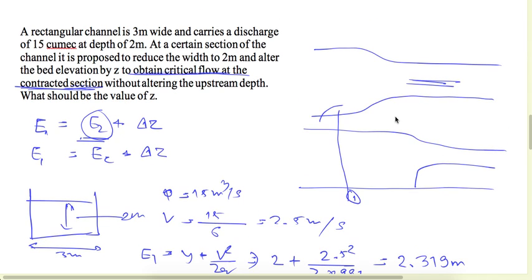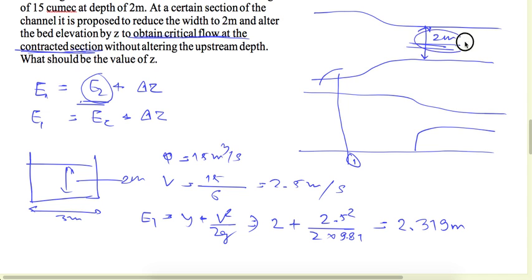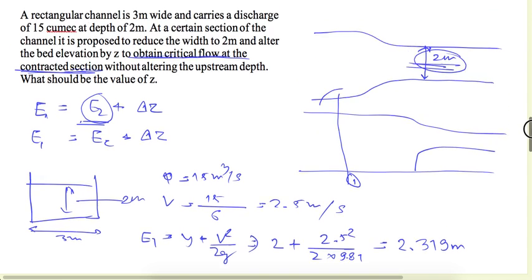Now it is saying that after a certain section it is proposed to reduce the width to 2 meter. So this width here is 2 meter. So let's find out the critical depth of flow corresponding to this contracted section.